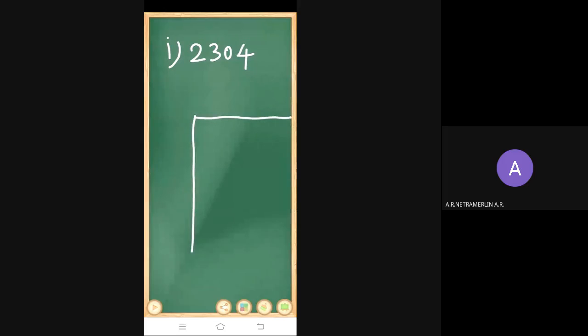Now you have to make two numbers a pair from the right corner. These two numbers are a pair, and these two numbers. So 23, then 04.